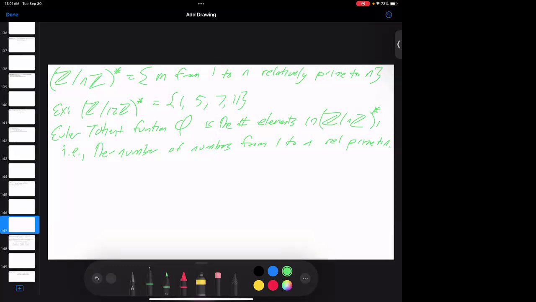So the size of Z mod nZ star is the number of elements in Z mod nZ star, which is phi of n.